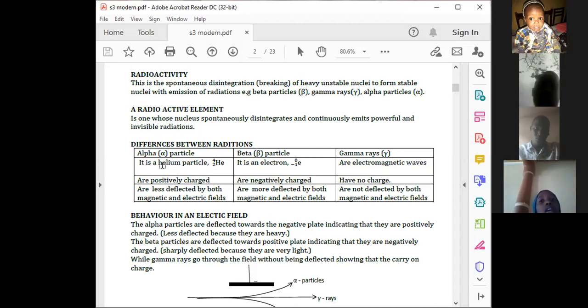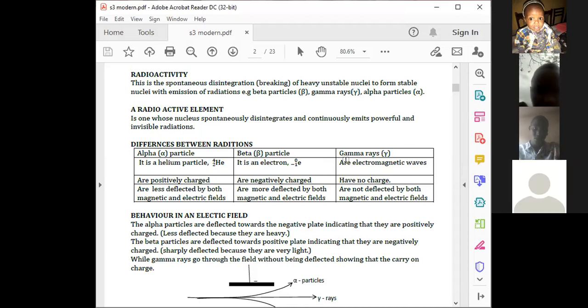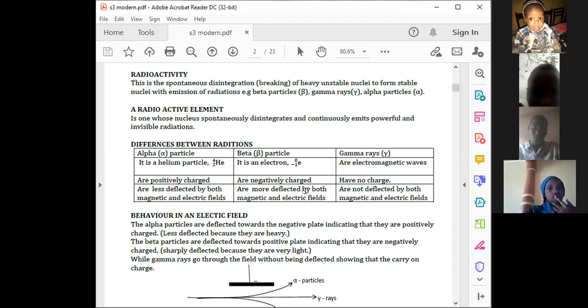So we had seen these three distinctions, that alpha is helium in nature, whereas beta is an electron, then gamma are electromagnetic waves. So today's main focus is not on alpha being helium, beta being an electron.